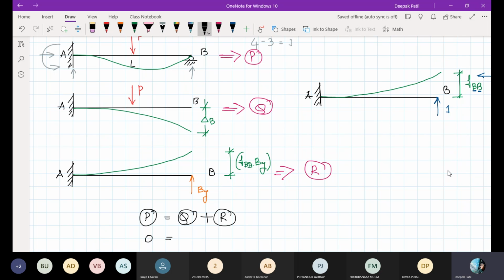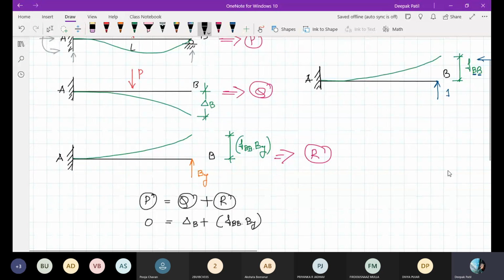It is 0, equal to, in Q structure at B, what is the deflection? Delta B. In R structure at B, what is the deflection? FBB into BY. Do you agree with this equation? Yes, sir.